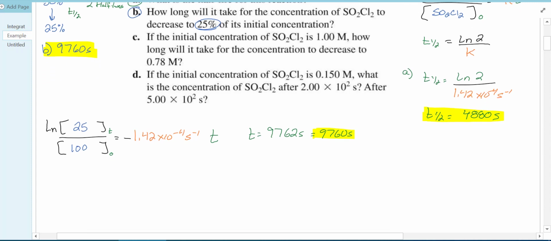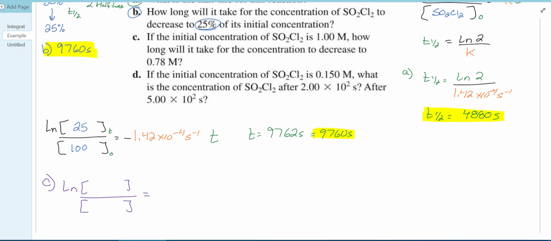All right, now C is the same question. But for C, we can't just use half-lives. If I look at C here, it says the initial concentration is 1 molar. How long will it take the concentration to decrease to 0.78? Now, since we're not at whole half-lives, we actually have to use the natural log of the concentrations.